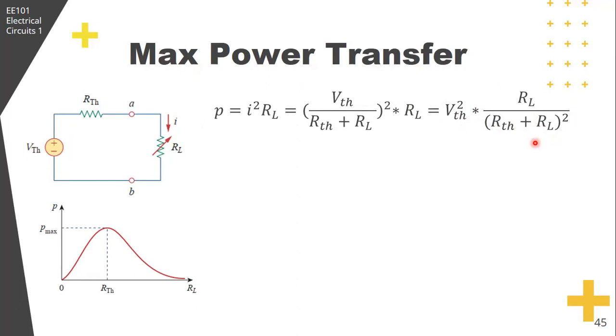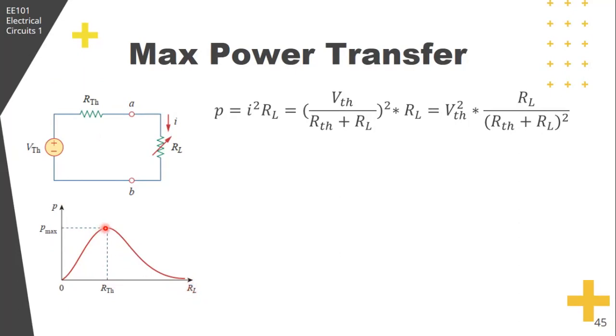Now, if you graph P versus RL, based on the graph we can see that there is just a certain value of the load resistance such that the circuit gives maximum power to the load. If the load is not equal to that particular value, the maximum power is not delivered, right? So what is that particular value of load resistance?